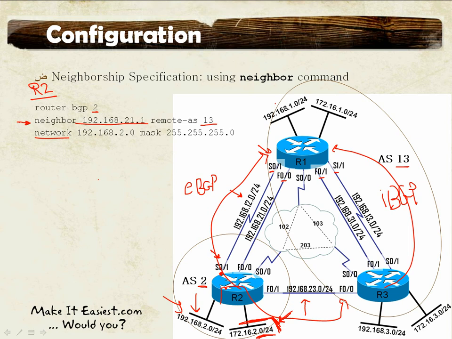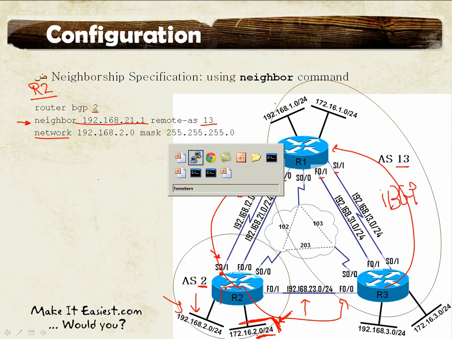So to advertise this, we could just add a static route on router 2 pointing to nowhere. Actually, null 0 means nowhere. Okay, and using the network command, we could advertise this to other BGP peers. So this is one solution.